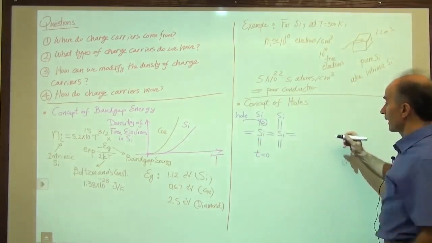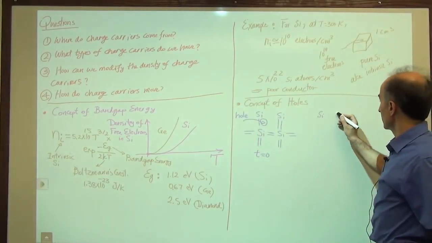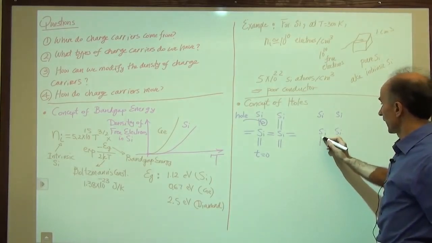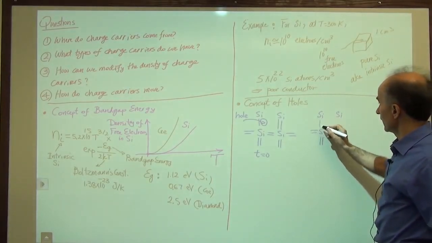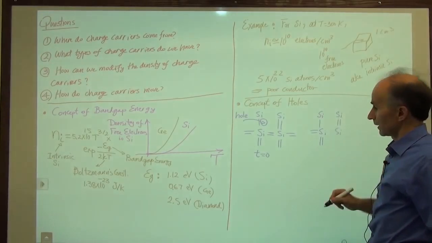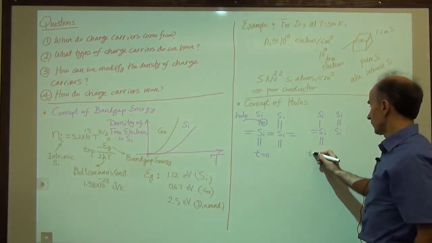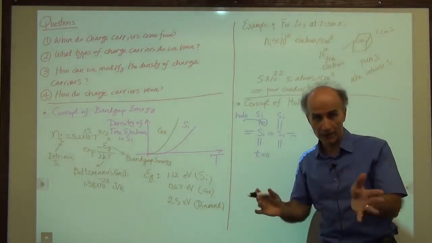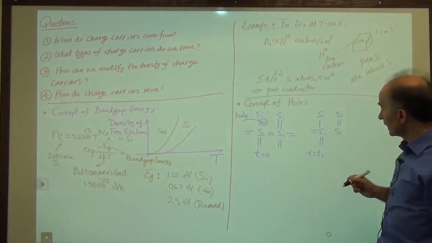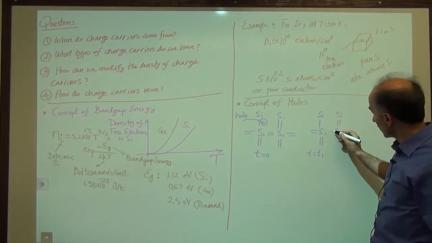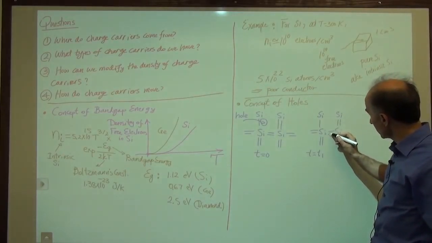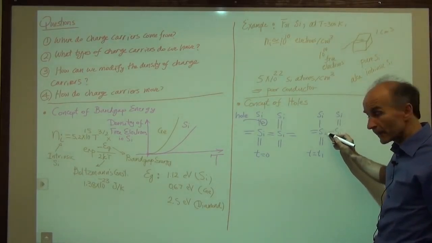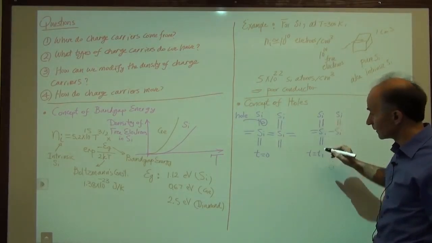All right. Now, a little later, I take another picture, and this is what I observe. So we just take the same piece of silicon. We have these atoms sitting here. And what I see is that a little later, so let's say t equals t1, maybe a nanosecond later or millisecond later, it doesn't really matter for us, one electron has come out of this bond here and filled this hole here.